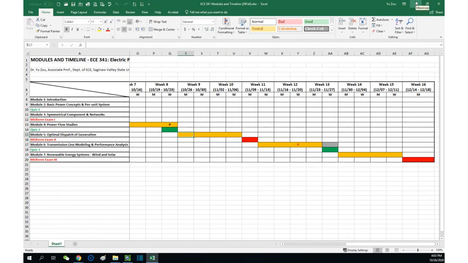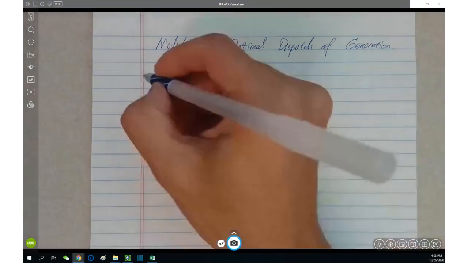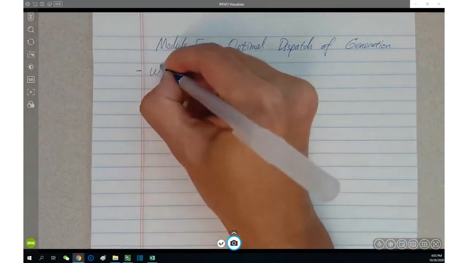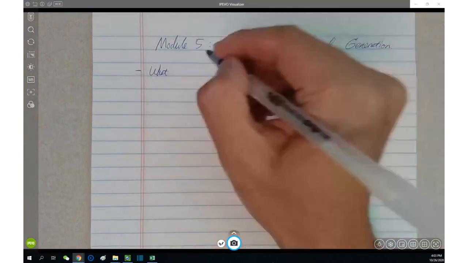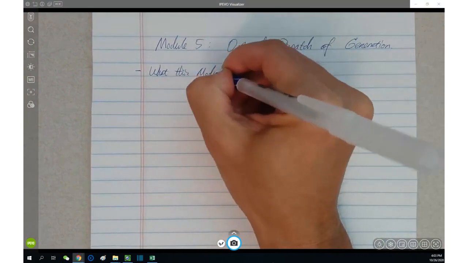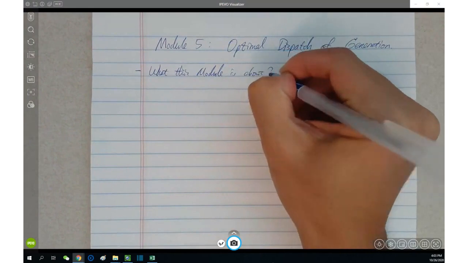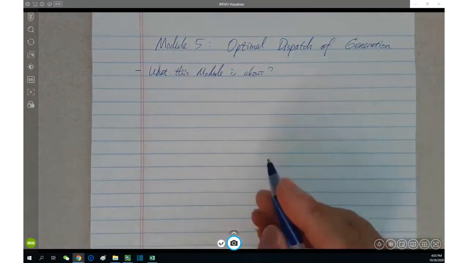Module 5 is about optimal dispatch of generation. Optimal dispatch of generation. So what this module is about is very simple.